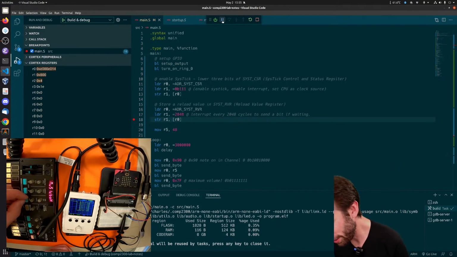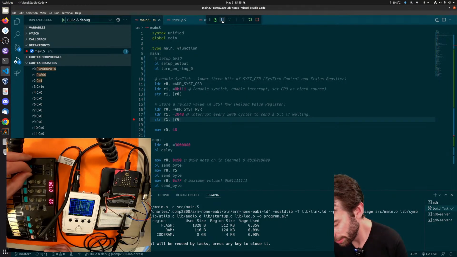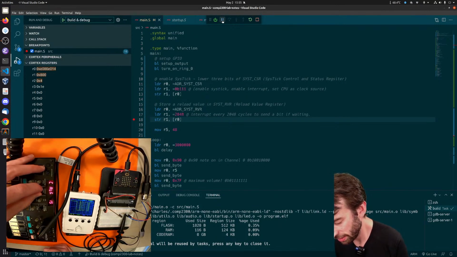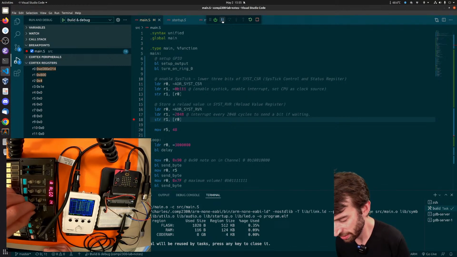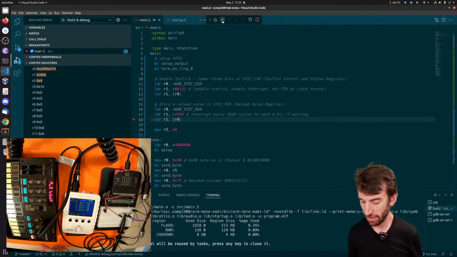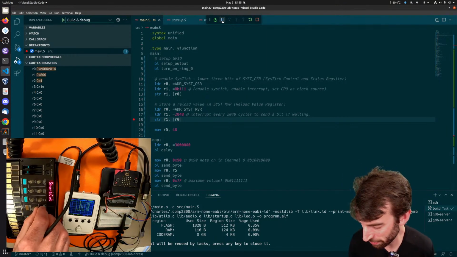So now, because I've got a synthesizer, I'll just get maybe a bass sound, get one of those.